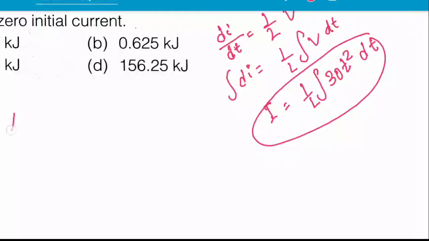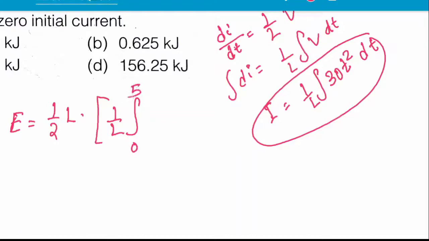Calculation of energy: E = ½ L into I², that is (1/L) integration from 0 to 5, since we are asking for up to 5 seconds, of t² dt, whole squared.